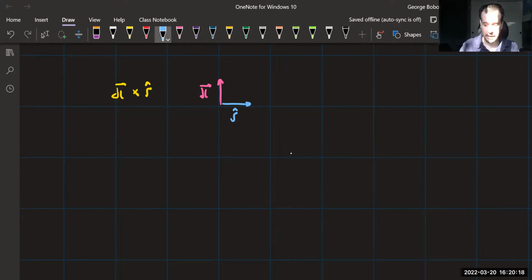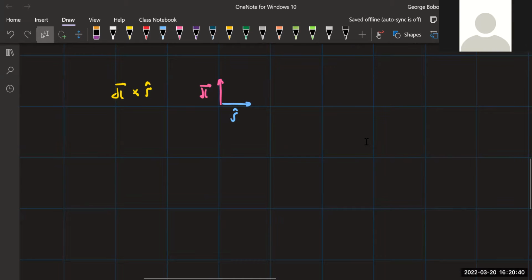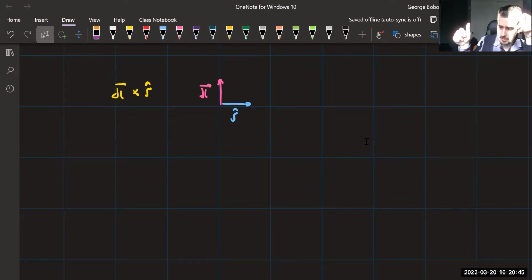If someone wants to tell me right now how to arrange my fingers, who wants to jump in and tell me how to arrange the fingers to do this cross product? Just to see if you know how to do it. Where does my thumb go? Where does my index finger go? Yeah, thumb points up, index points out. Okay, and also the middle finger points perpendicular to the index.